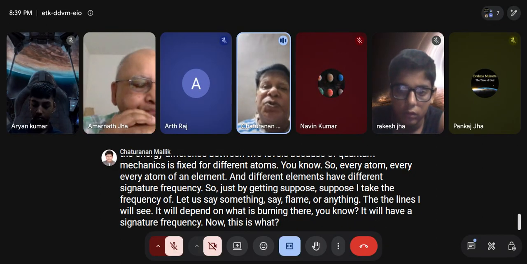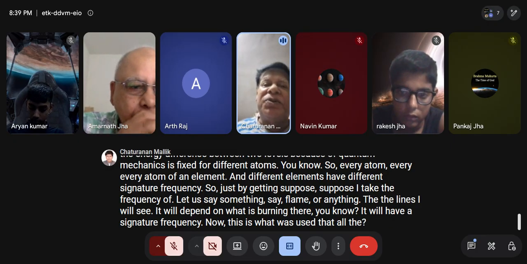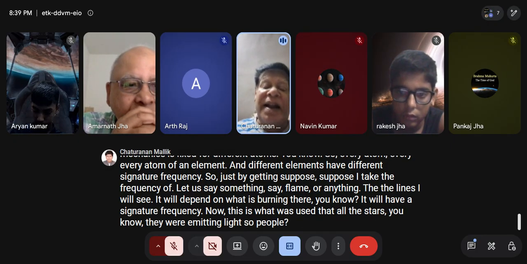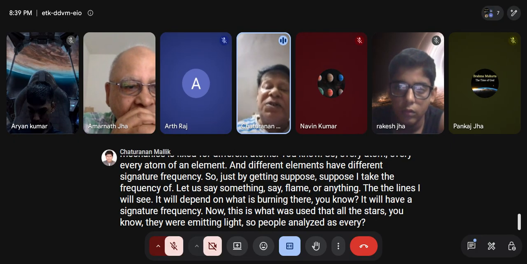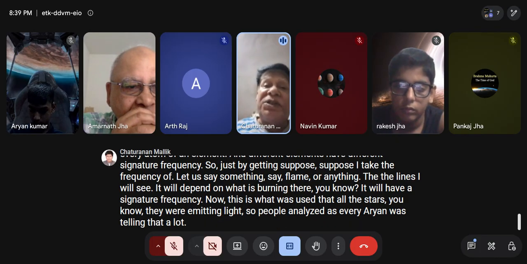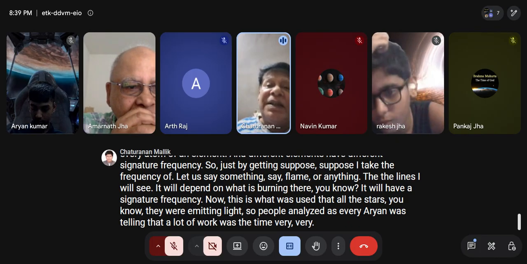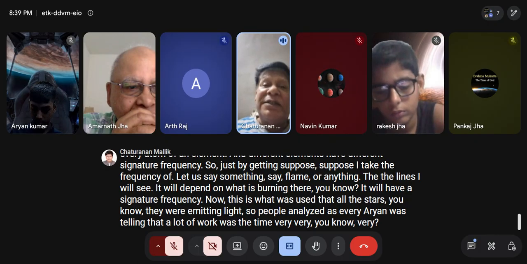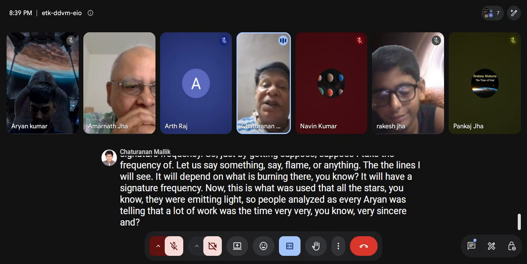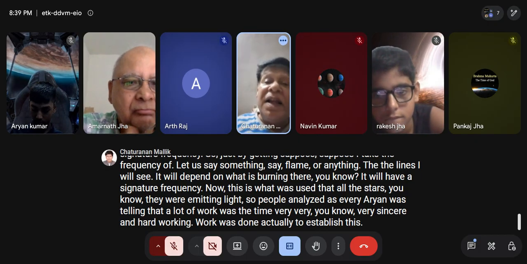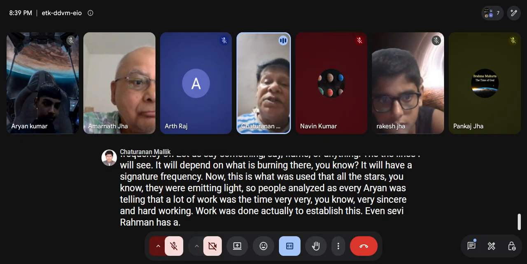Now, this is what was used: all the stars were emitting light. So people analyzed it, as Aryan was telling, and a lot of very sincere and hardworking work was done to establish this. Even C.V. Raman, our Indian scientist, has a contribution in that.